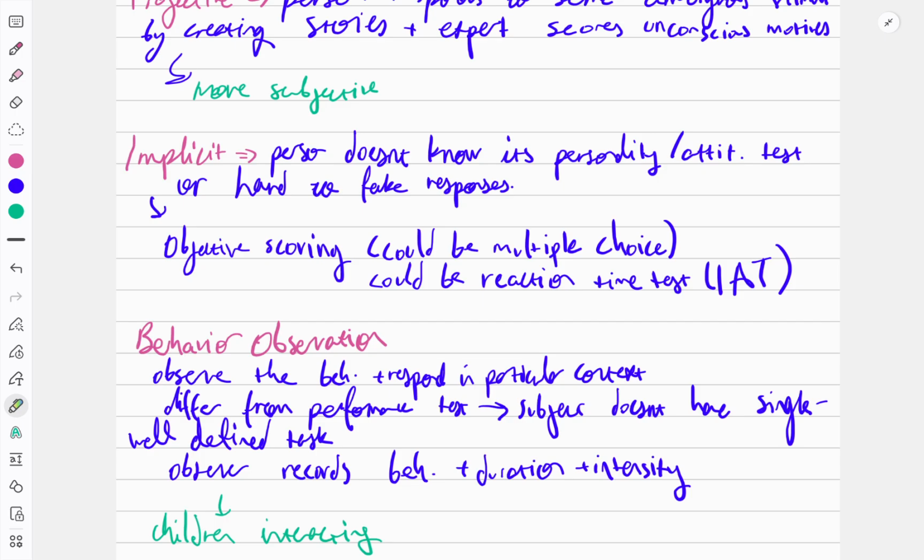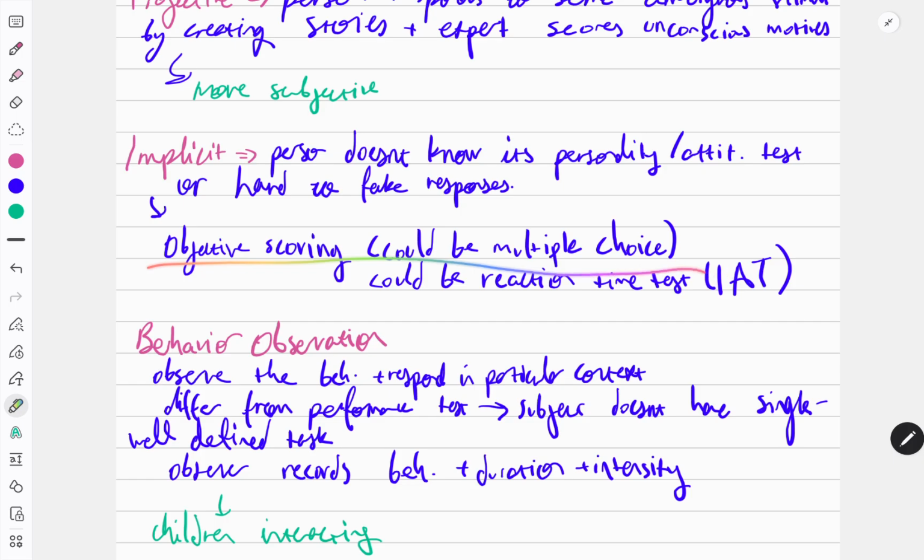So the system records the time it takes for you to group certain items, and then that's analyzed, and then it gives you information about your implicit biases. So it's just based on statistics.